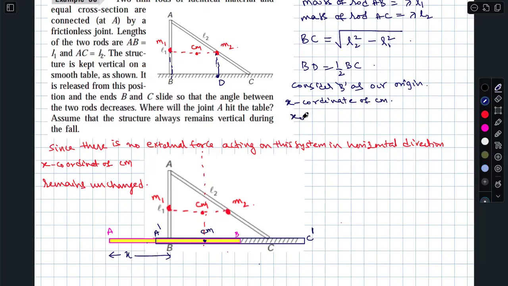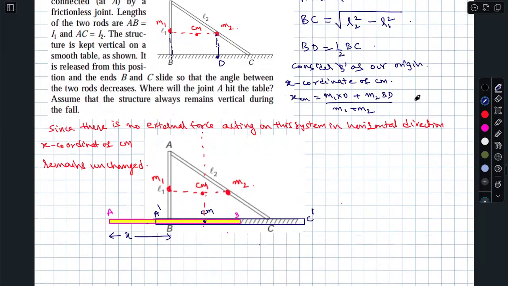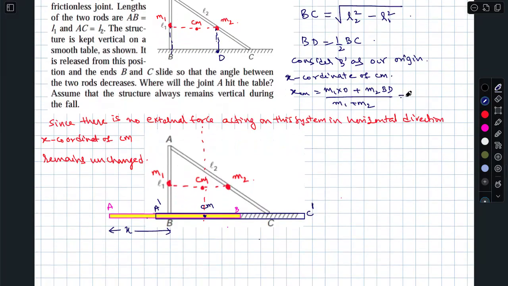So xcm at this instant is m1 times 0 plus m2 times BD, divided by m1 plus m2. I'll use only BD for now, so it is L2 by L1 plus L2 times BD. Is this okay? This is the initial location of the center of mass.